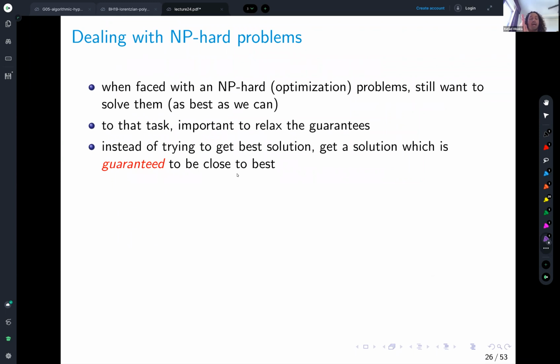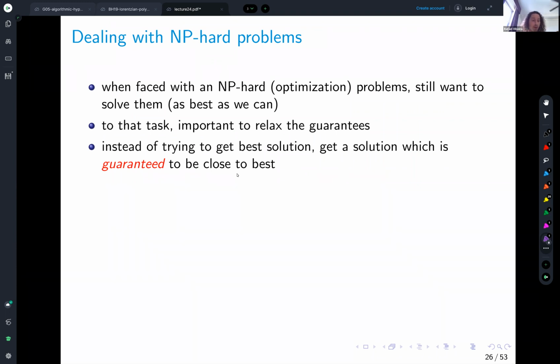All right, and then what was something else that we saw in class is how to deal with NP-hard problems, right? When we're faced with NP-hard problems, like optimization problems, we still want to solve them as best we can. And to that end, it's important to relax the guarantees, right?